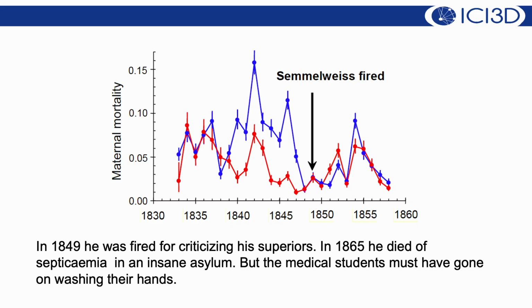They're still very much higher levels of maternal mortality than would be acceptable in the modern world, very, very much higher, but the doctors are not doing any worse on average than the midwives. So there we are.